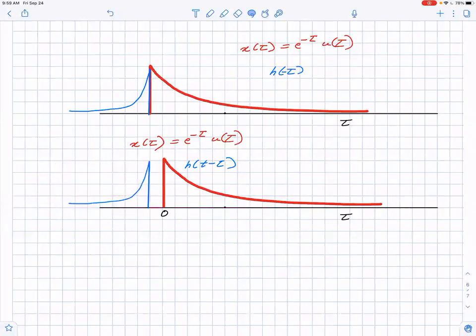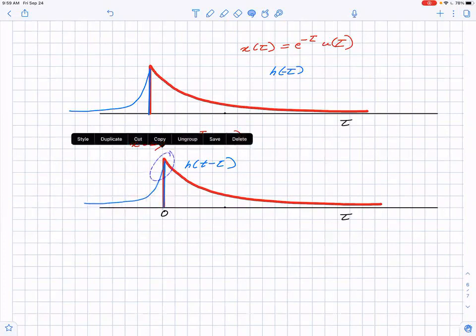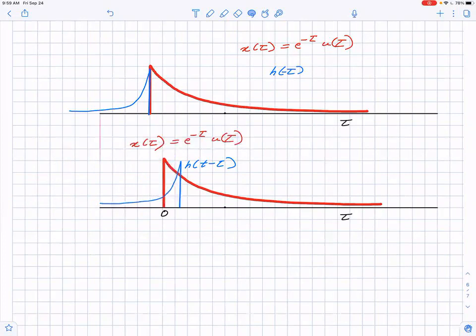And when we get to a shift of 0, then we get to this point, right? After this point, further increasing t will cause an overlap between the two functions. So we see partial overlap between the two functions, and the overlap keeps on increasing as we increase the value of t. And this trend will continue all the way up to infinity.